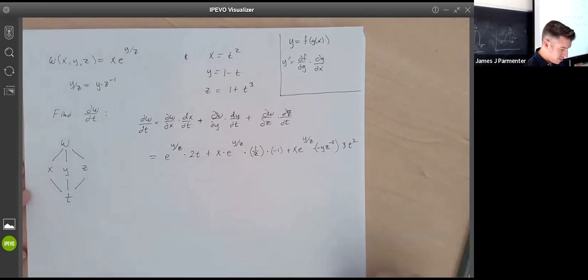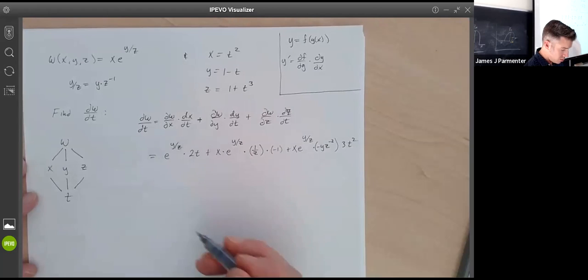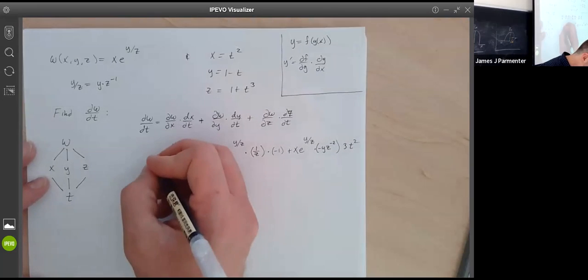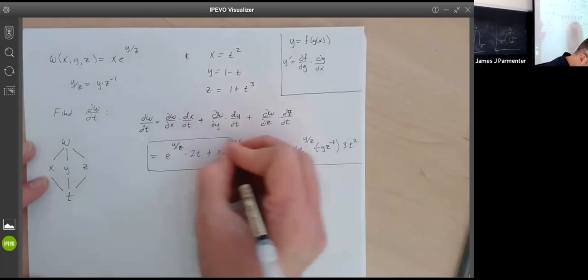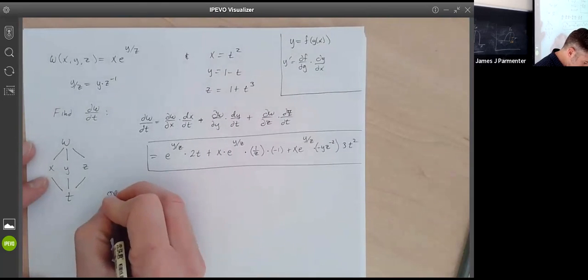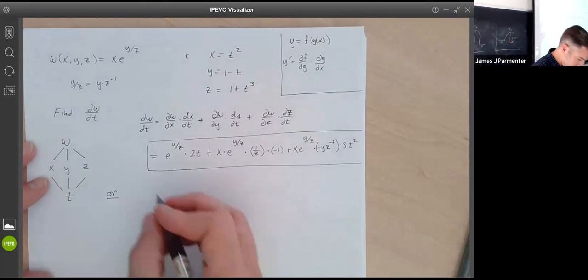I wouldn't plug in what t was for each of the functions, but you could. So this is how I would probably choose to leave it. But one could, if they wanted to, or if they were asked to, is really more the situation.